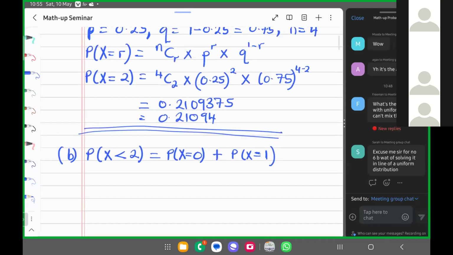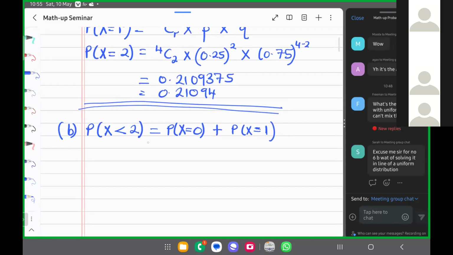So when X is equal to 0, it will be got from 4 combination 0 times 0.25 power 0 times 0.75 power 4 minus 0, which is 4. Then plus, when X is equal to 1, we shall have 4 combination 1 times 0.25 power 1 times 0.75 power 4 minus 1, which is 3.